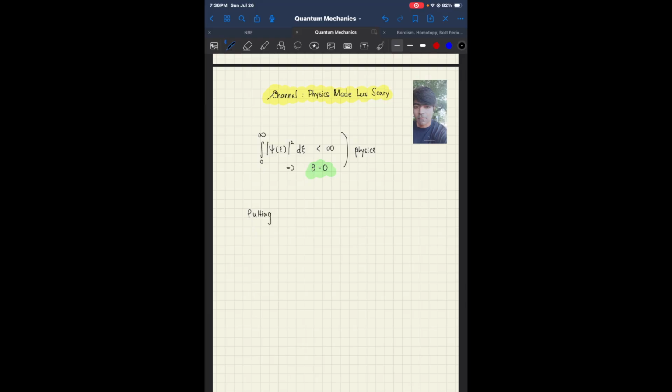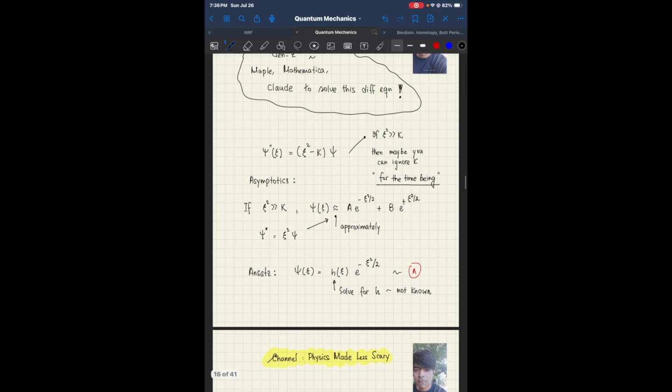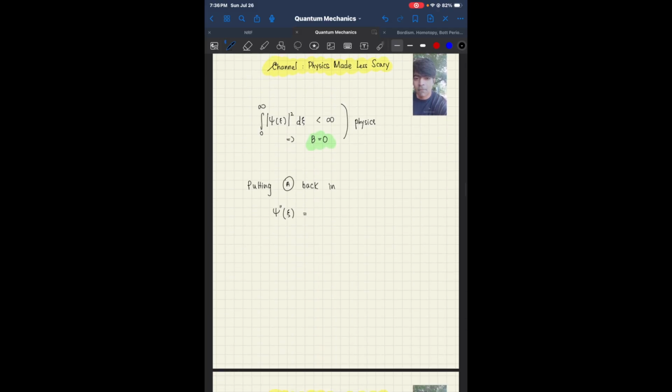Now you have an ansatz for psi, and you want to solve for h, right? So putting A back in the original equation that you had, double derivative is equal to... what was the equation? Psi square minus k. This was the equation, right? With k non-zero. Now you have reinstated k.